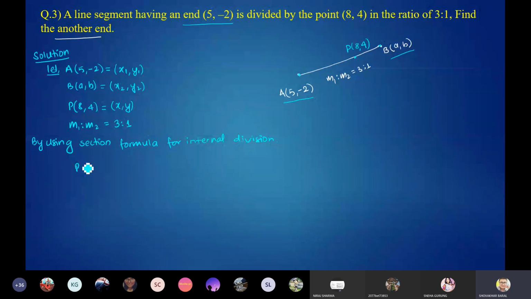The formula is P x comma y equals to m1 x2 plus m2 x1 divided by m1 plus m2 comma m1 y2 plus m2 y1 divided by m1 plus m2.